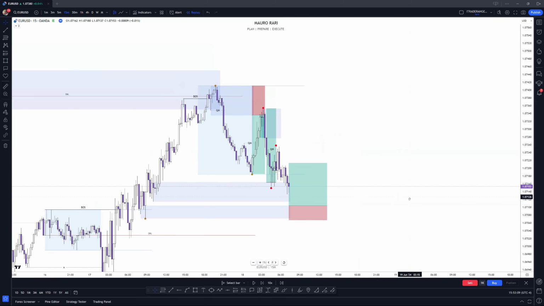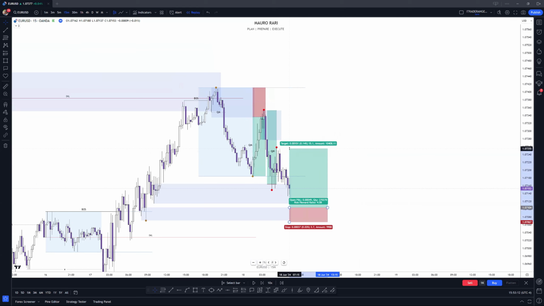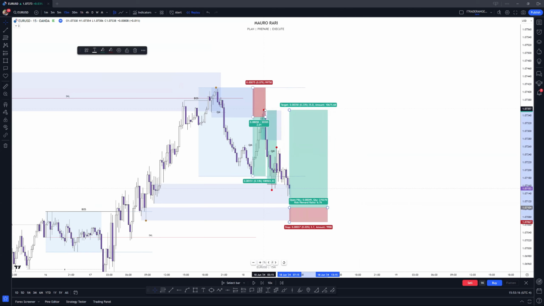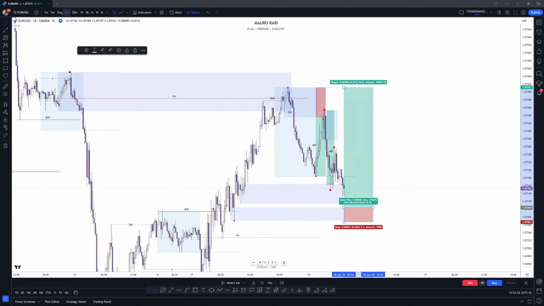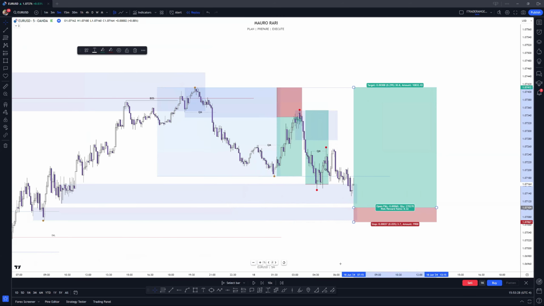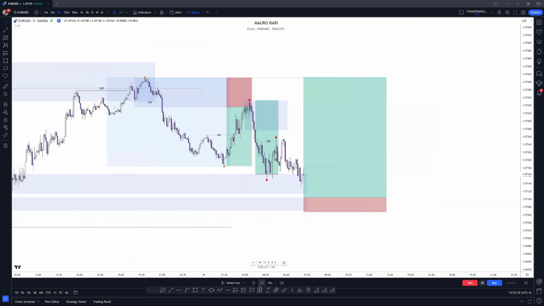Okay, targeting what? Targeting this high as a first TP, then eventually the strong. Okay, and if it's gonna take the strong, definitely we can look for the Asian liquidity. Okay, so we go back to the 5 minutes and let's enjoy the price action.